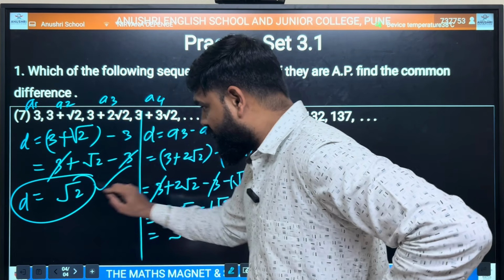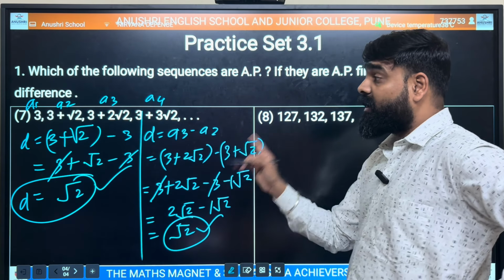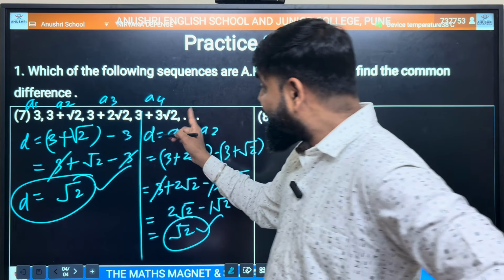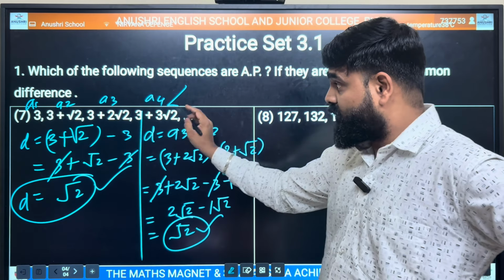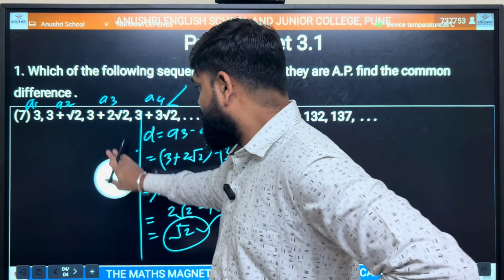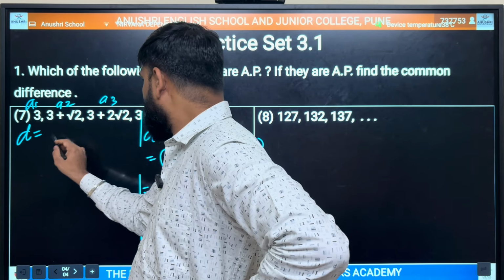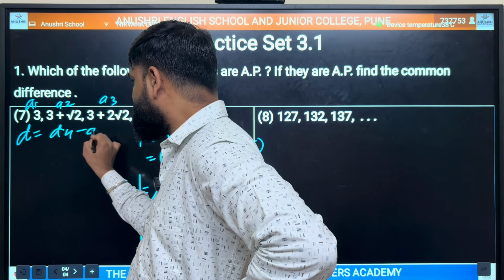So we got root 2 here, and we also got root 2 here. Again, we have to do the calculation till the end. In this type of question, you have to calculate all the d's. In the last step, D is equal to A4 minus A3.